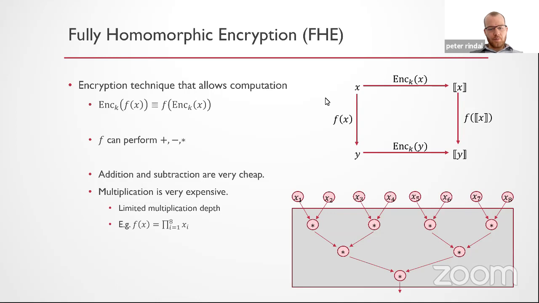So here, if you want to multiply eight values together, you can form a tree and do subsequent multiplications in a binary tree fashion. We'll be doing computations like this, but to achieve practical efficiency, we have to restrict ourselves to not go beyond depth 6, say.